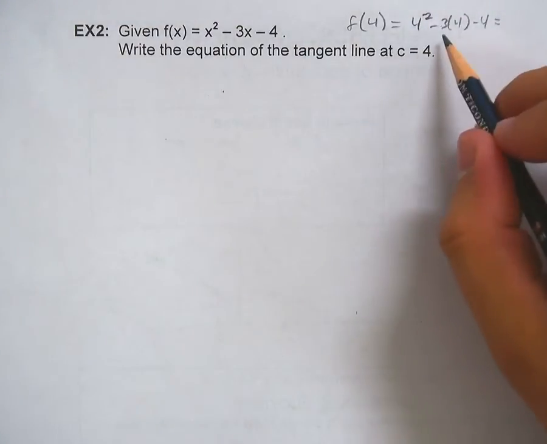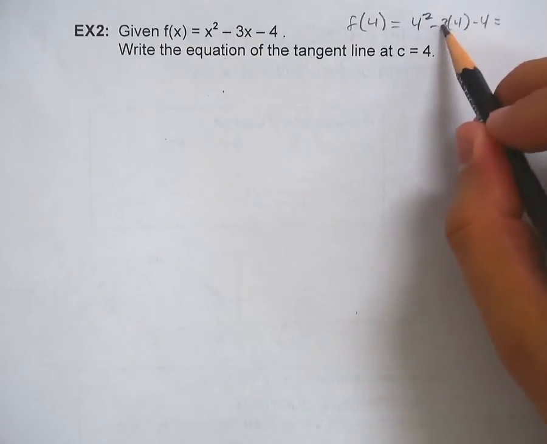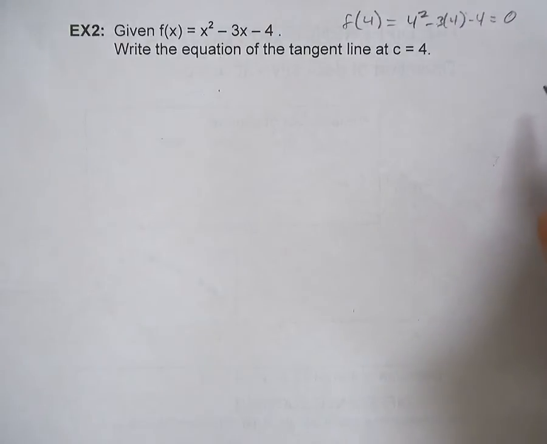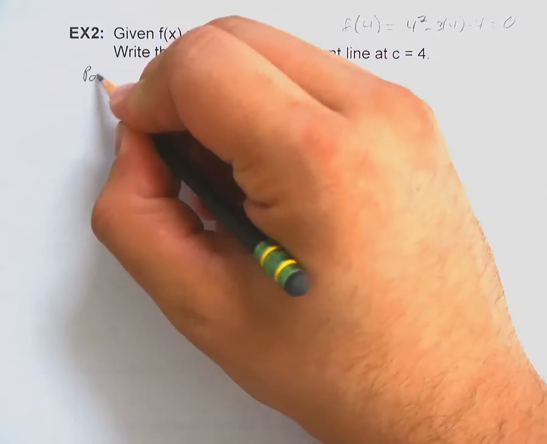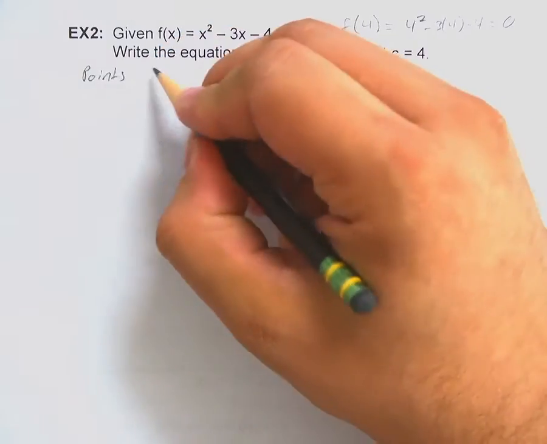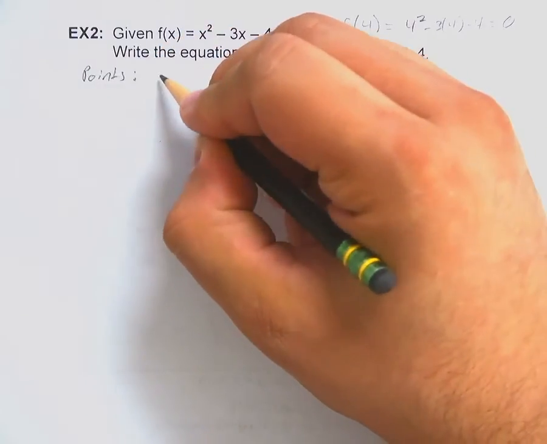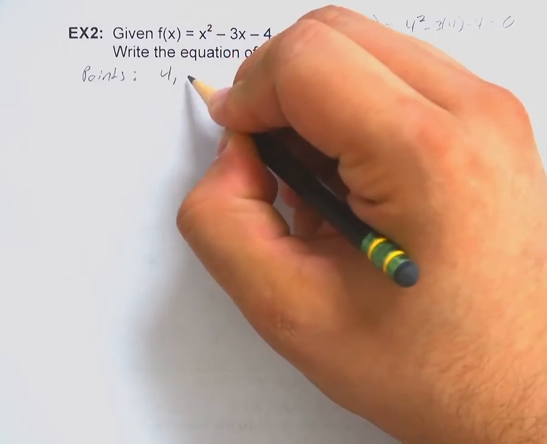So 4 squared is 16 minus 12 is 4 minus 4 is 0. So here f of c is 0, right? Let's go ahead and label that. We got our points. We have 4 comma 0.